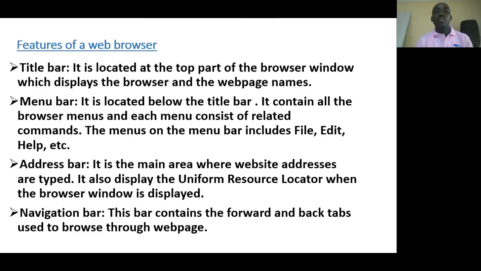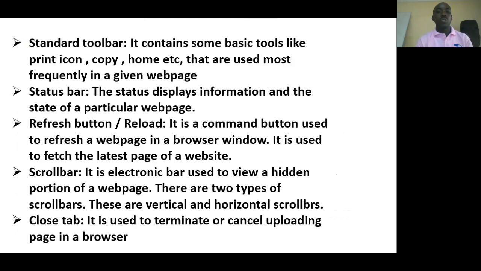This bar contains the forward and back tabs used to browse through web pages. The next feature is the standard toolbar. It contains some basic tools like print icon, copy, home, etc. that are used most frequently in a given web page.